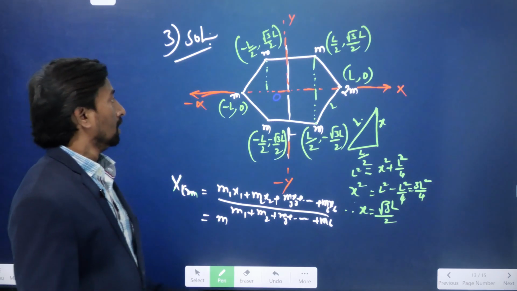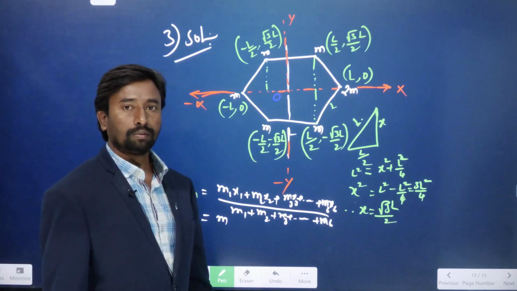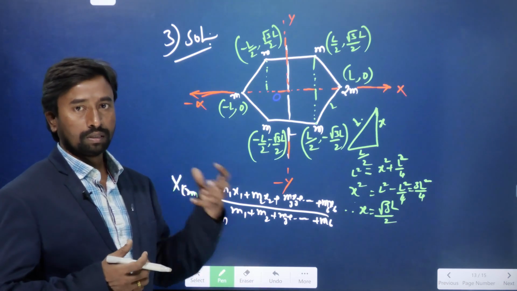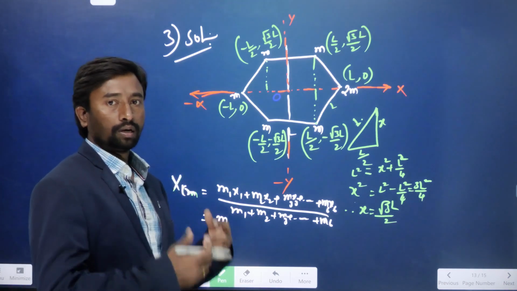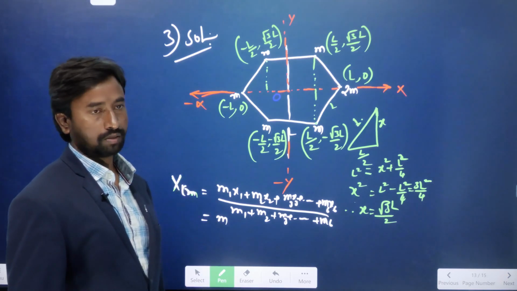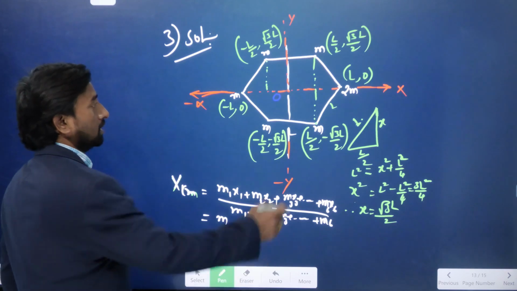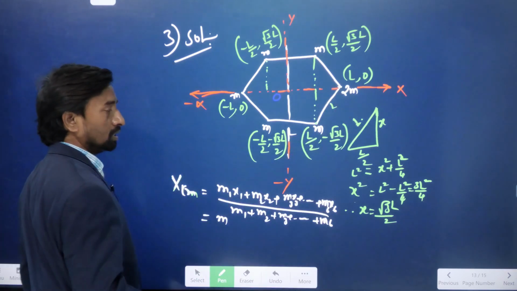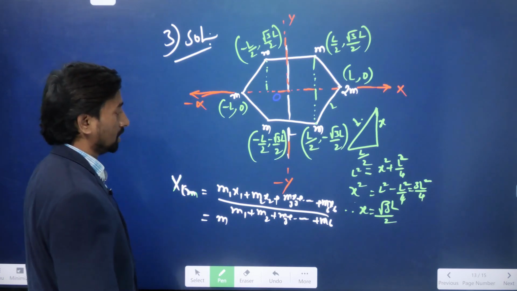How does the position of the center of mass change? If we remove some mass from the body, or add mass to the body, the position of the center of mass changes. Here, if mass is added, how much distance will the center of mass shift? That we are going to find out.